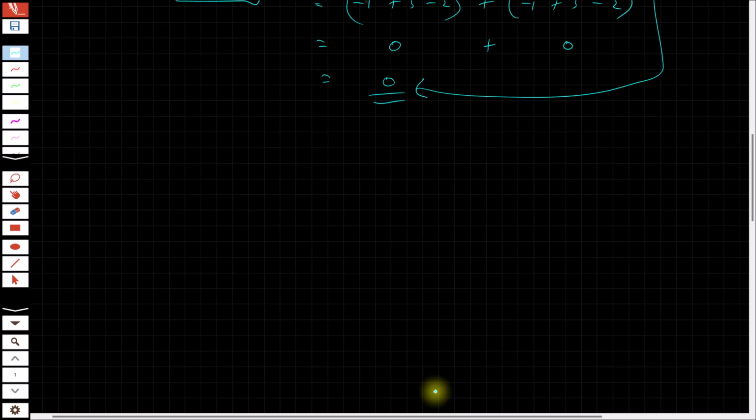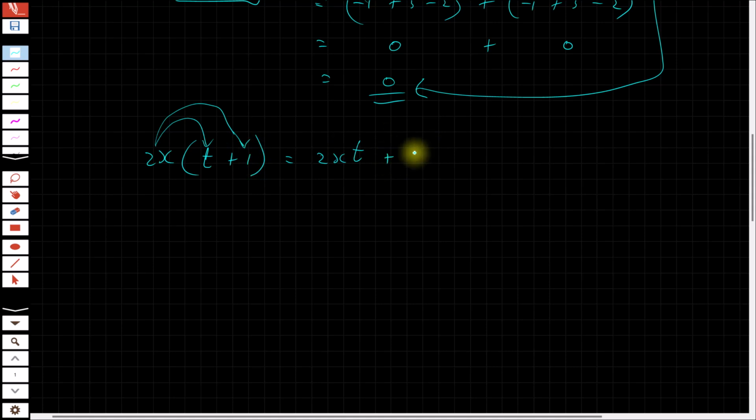Let's take a look at using variables. So we have maybe 2x times t plus 1. 2x multiplied by t, so that's 2xt, and 2x multiplied by a positive 1 is just 1 times 2x, which is simply 2x.